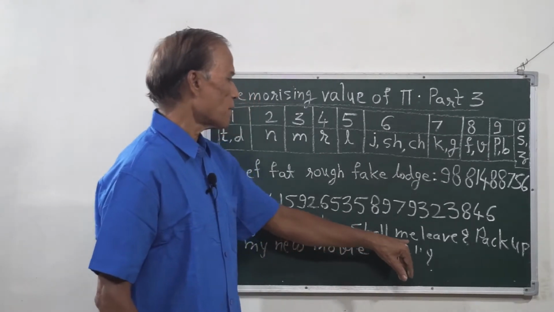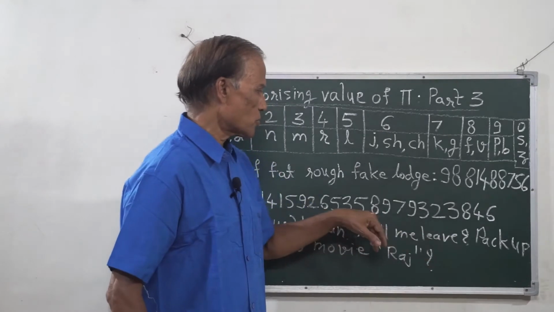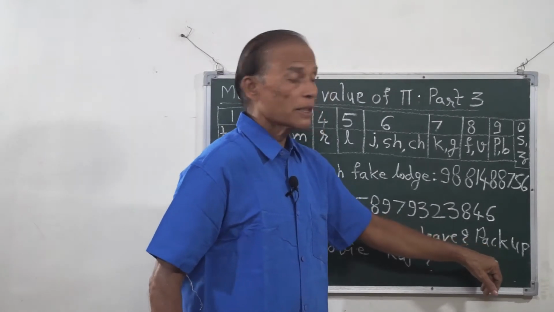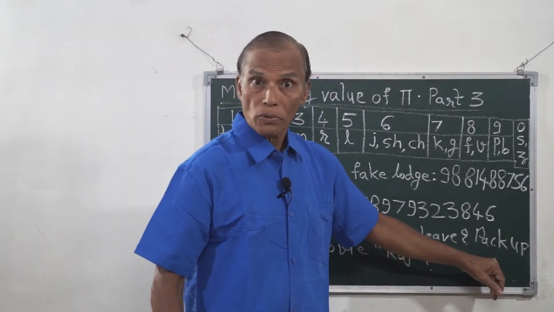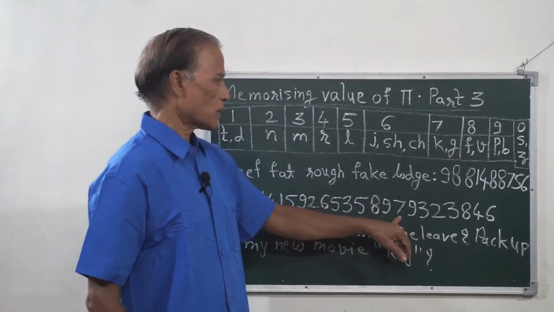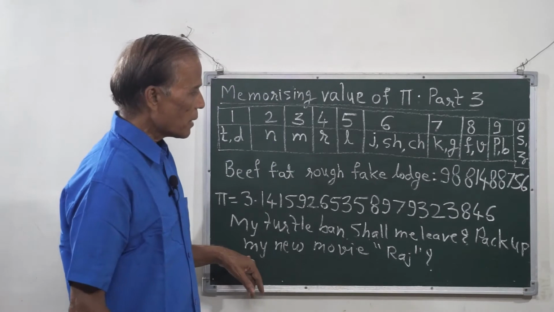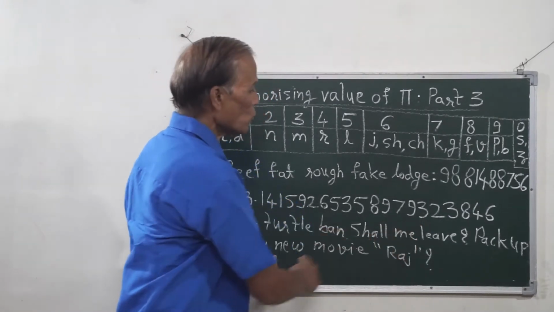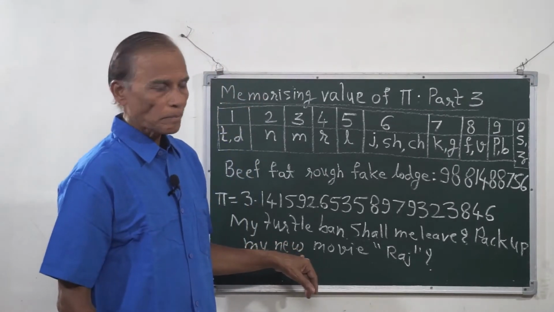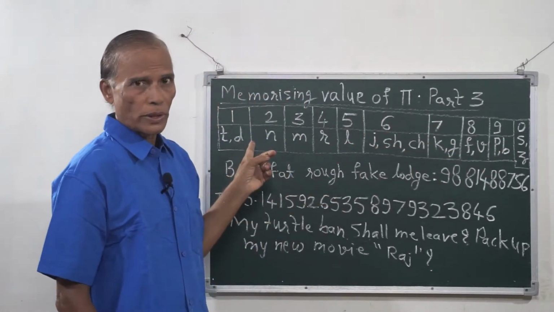Then again me, M sound gives us 3, L sound gives us 5, V sound in live gives us 8, P sound gives us 9, CK is there but it is pronounced as K, pack. So K sound gives us 7. Up, P sound gives us 9. Then again my gives us 3. Then new, here W can be used freely in this code, because in our phonetic code W is not used.